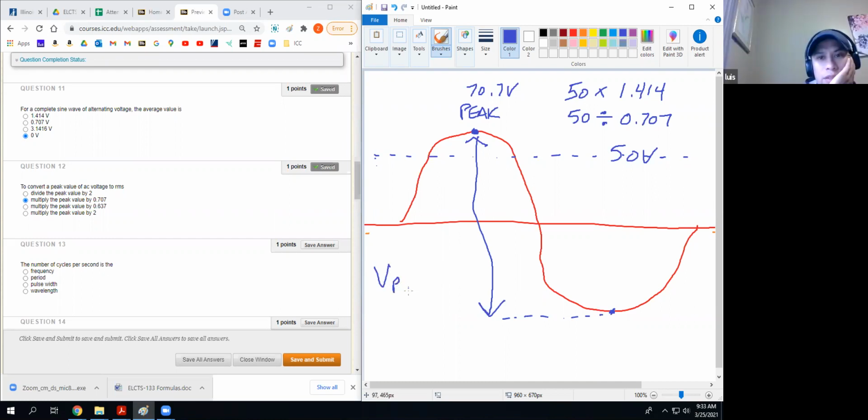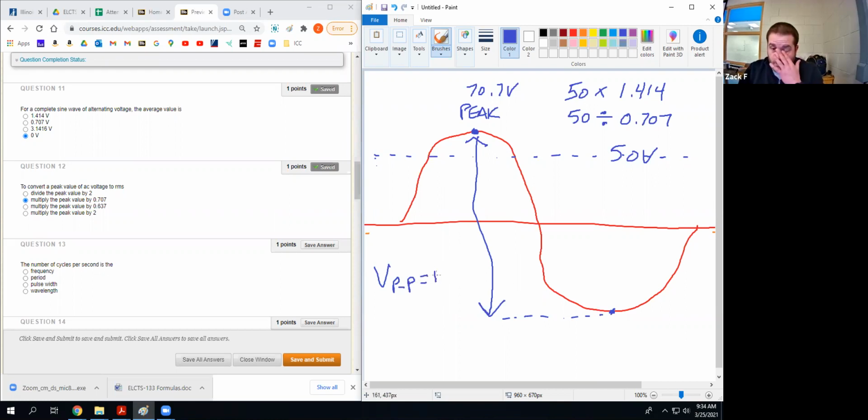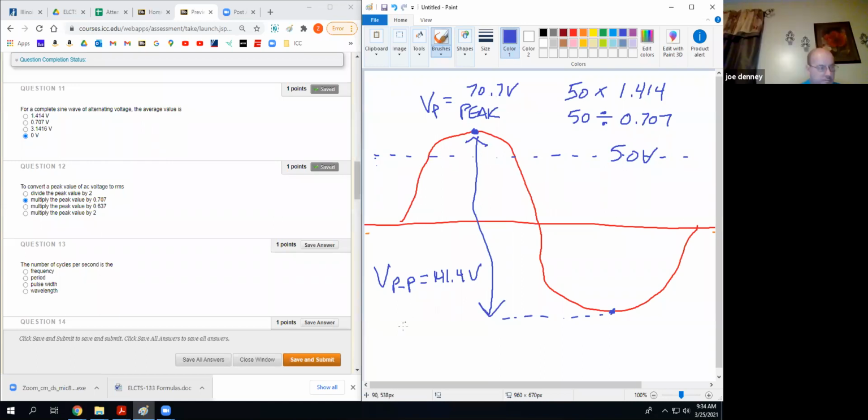It's just twice the peak. 141.4. So it's 70.7 times 2. Like on a lab, you might get, what's the peak value? So V peak would be 70.7. What's the peak to peak value? V peak to peak would be 141.4. It's just twice this.